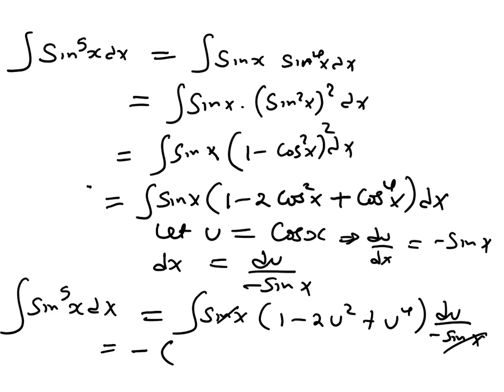Integrating, you get u minus 2 over 3 of u cubed plus u to the power 5 over 5 plus a constant. So next you substitute u. Remember, u in this case is standing for cosine, so it is as simple as that.